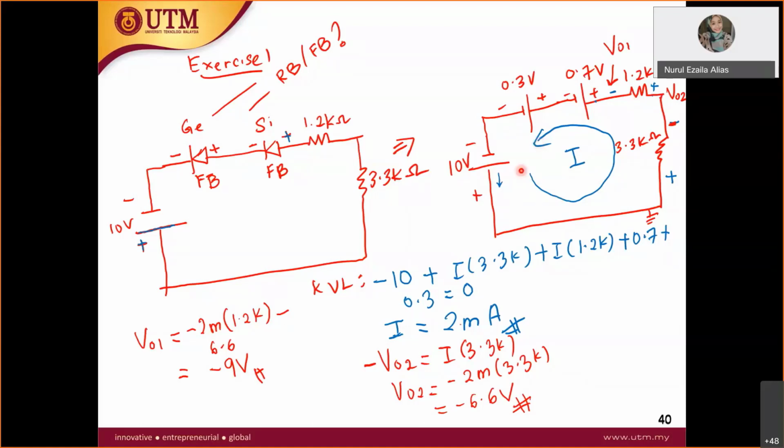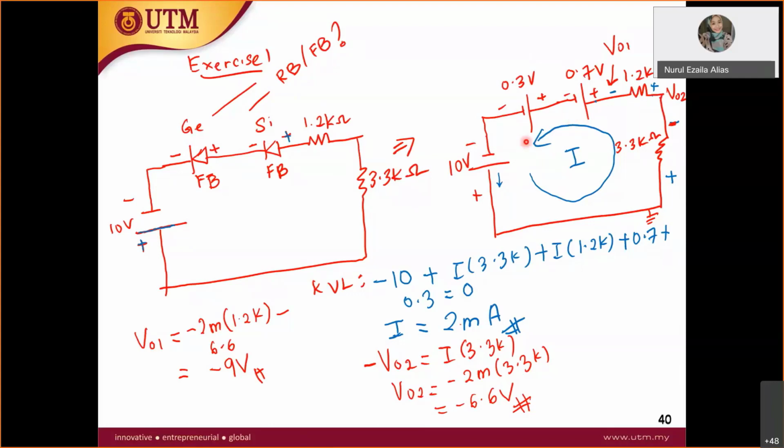Because from the ECA, current always goes out from the positive supply and goes back to negative. Negative is always ground. You can't see it here, but in a real circuit it goes back to the ground. That's how you define this loop.